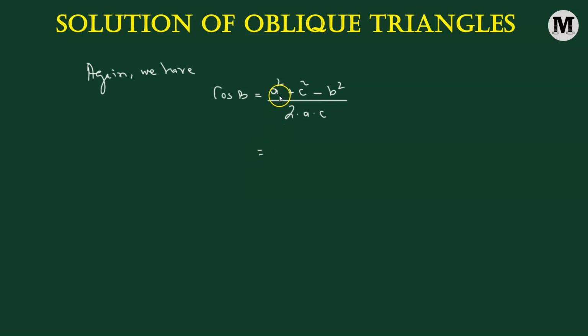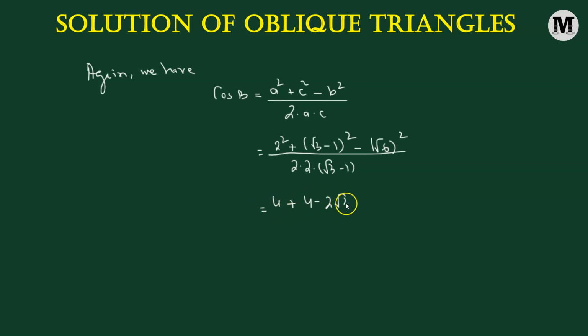So a squared, a is 2, so we have 2 squared added to c, that is square root of 3 minus 1, squared, minus the b value, that was square root of 6. We square this value, whole divided by 2 times 2 times square root of 3 minus 1. Let's further simplify. We get 4 plus 4 minus 2 times square root of 3, minus 6, whole divided by 4 multiplied by square root of 3 minus 1.